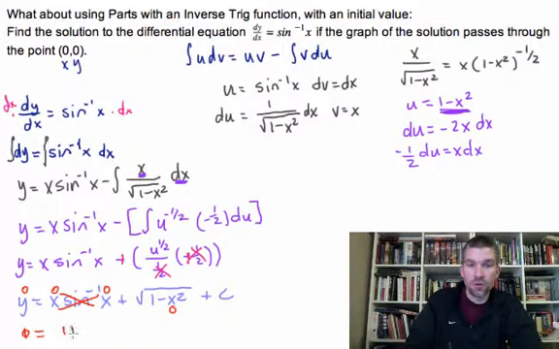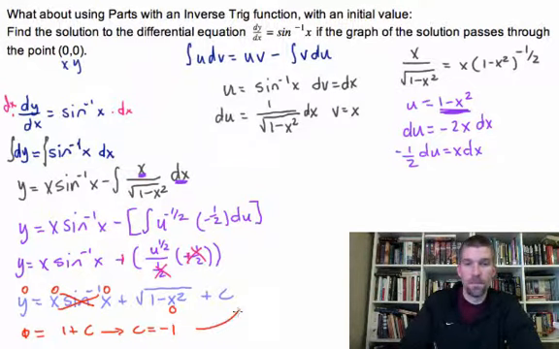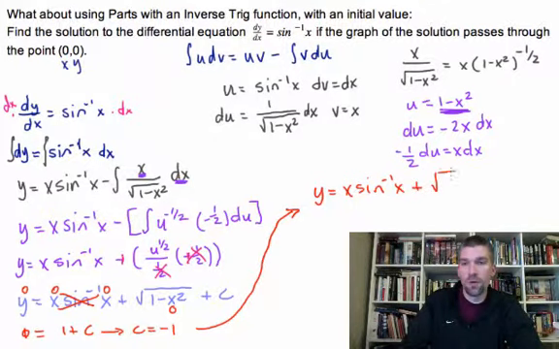So 0 equals 1 plus c. c is going to be negative 1. So the solution for this differential equation is going to be y equals x times the arc sine of x plus the square root of 1 minus x squared minus 1.